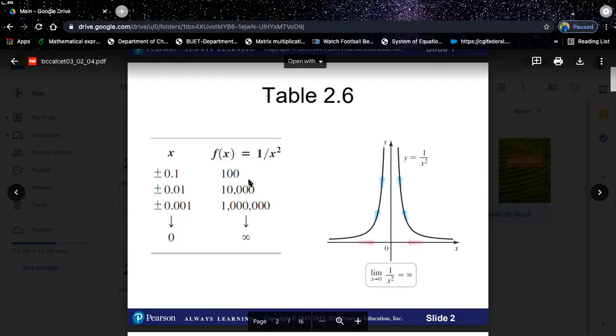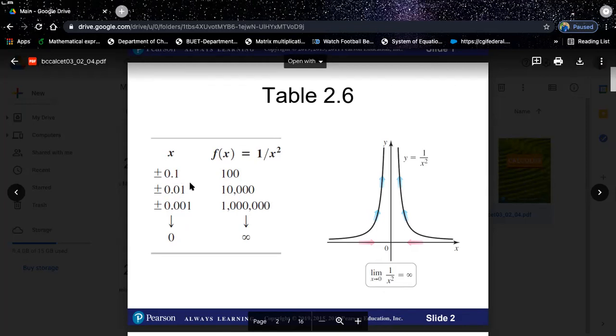Okay, now what does this give us? We can see that the more we go towards 0, this is getting smaller, smaller, and smaller, right? 0.01 is definitely smaller than 0.1, and 0.001 is definitely smaller than the previous two.